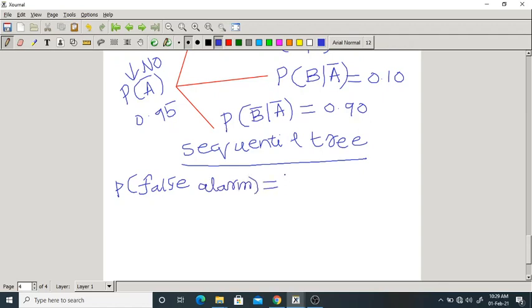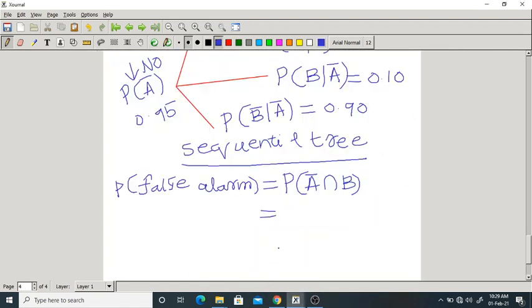What is that? The probability that an aircraft is not present, even though it is identified by the radar.